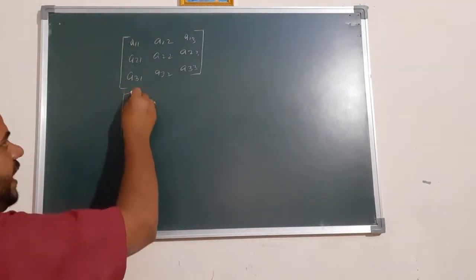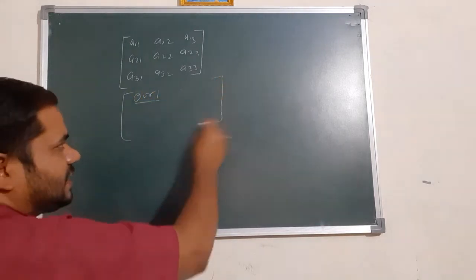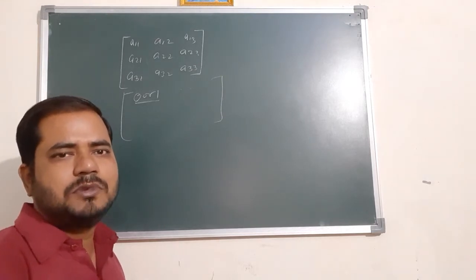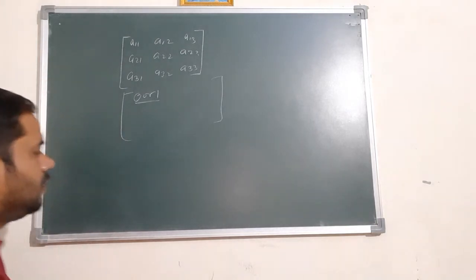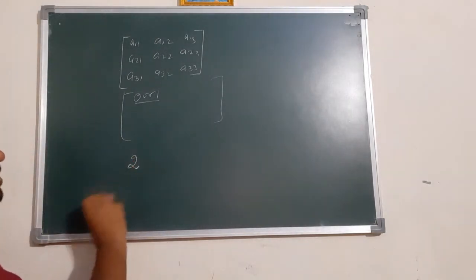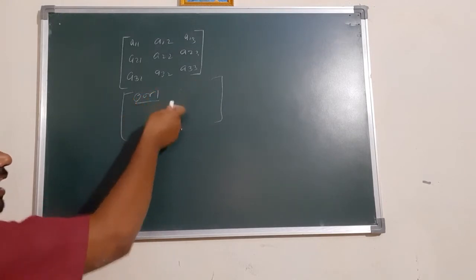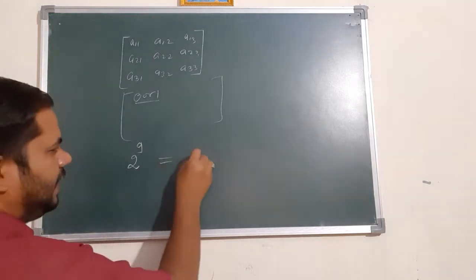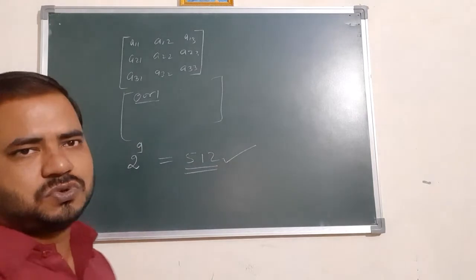So each place can be filled in 2 ways, 0 or 1. By combination and permutation, there are 9 entries and each entry has 2 options, that means 2 power 9, which is 512 matrices.